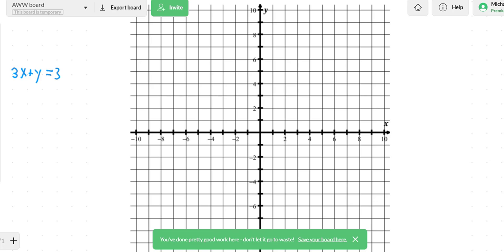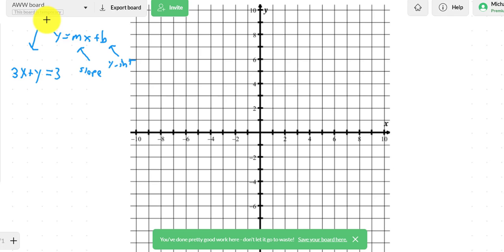And we have to first rewrite this equation into the slope-intercept form, right? That's y equals mx plus b. That will help us quickly identify the slope and the y-intercept, right? The b is your y-intercept.